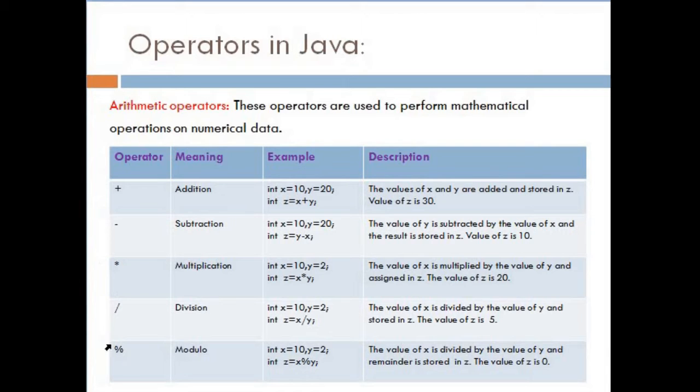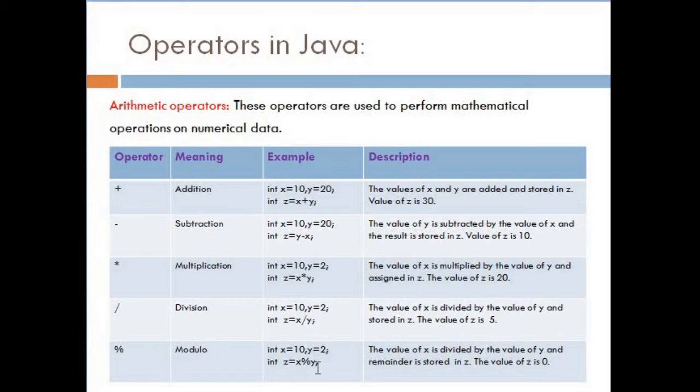Then come below, the next operator is the percentage operator. This stands for modulo. Now this modulo operator is used to find the remainder when one number divides another number. Now in this case, if you see these two Java statements, 10 is assigned to the variable x, 2 is assigned to the variable y, and then I shall calculate the result of this variable z as x percentage y.